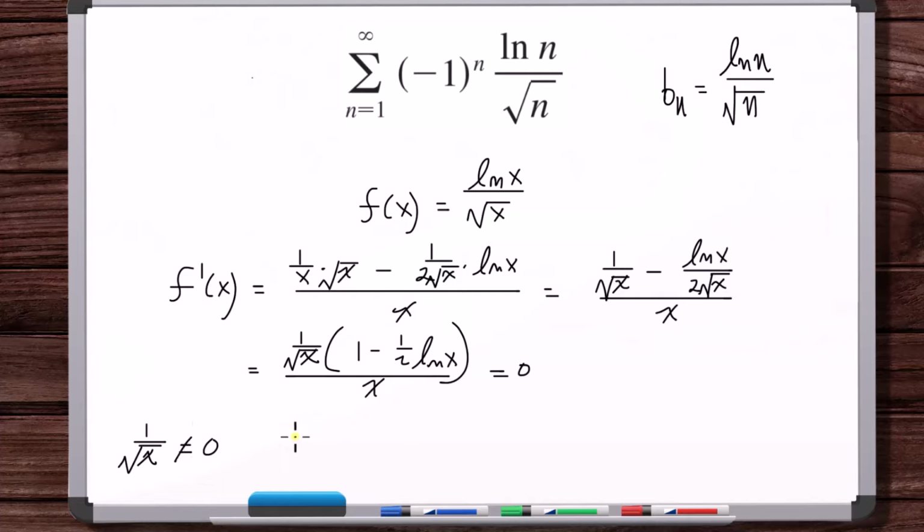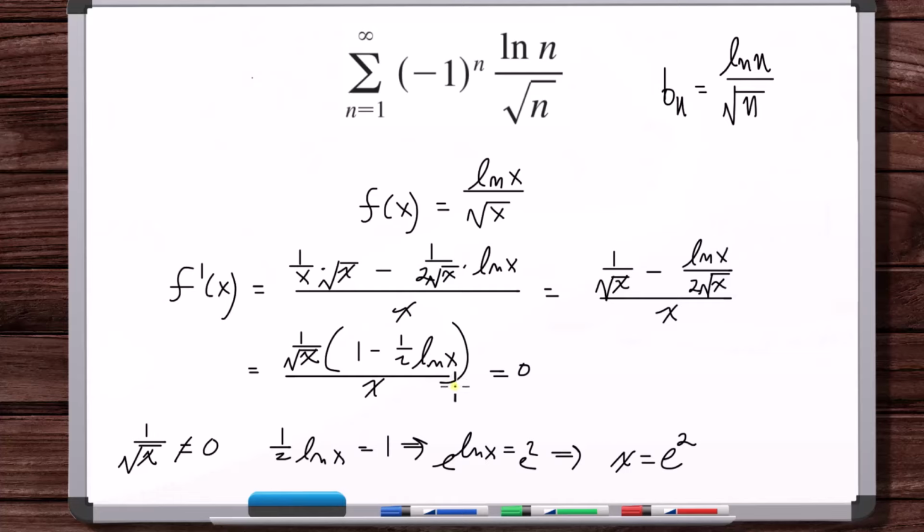So it's only when 1 minus 1/2 natural log of x equals 0, if that ever happens. So 1/2 natural log of x is equal to 1, natural log of x is equal to 2, x is equal to e squared.